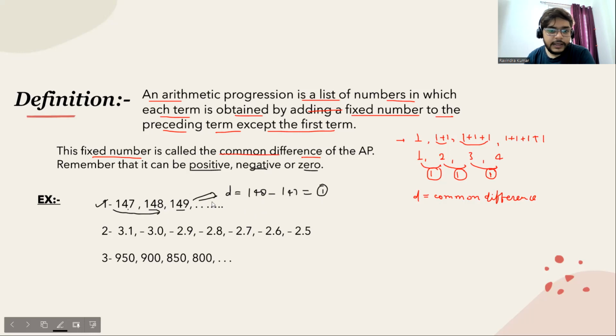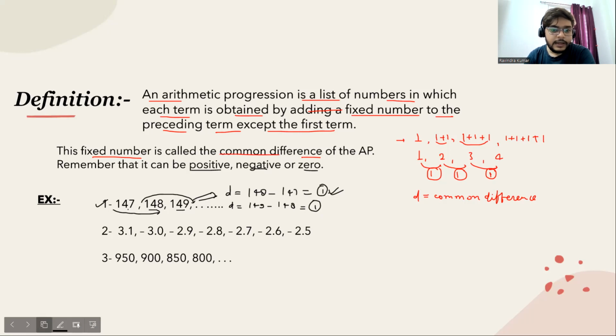Again we will find the common difference between these two terms: 149 minus 148, we will get 1 again. So the common difference is 1, which is positive, or we can say plus 1.